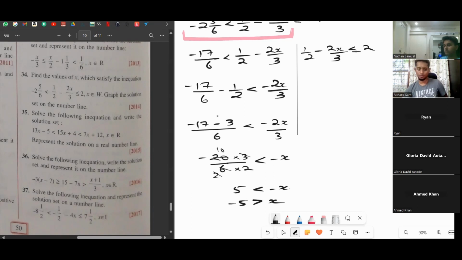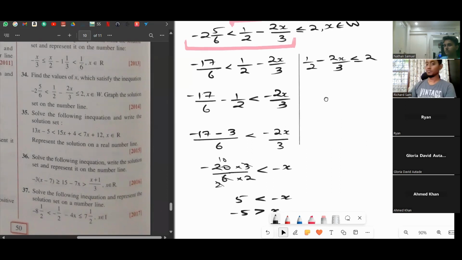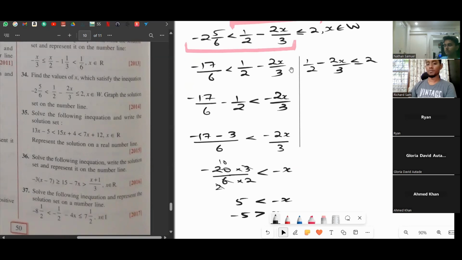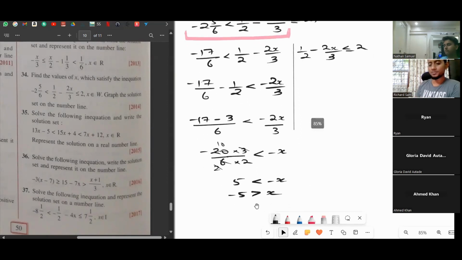Instead of shifting 1/2, I shifted my -2x upon 3 that side and -17/6 on that side. No, sir. Just in the beginning, I told you, if there's only one x term, don't shift the x term. See, what did you get, Ahmed? What is your final answer for this left side first part?